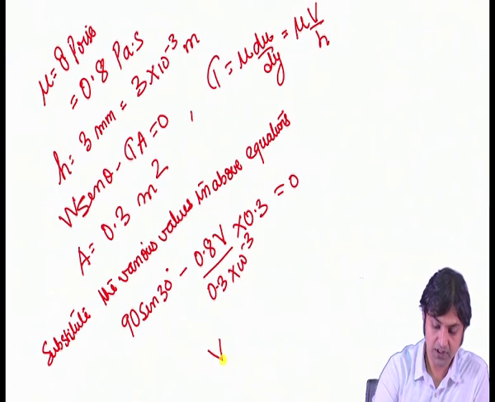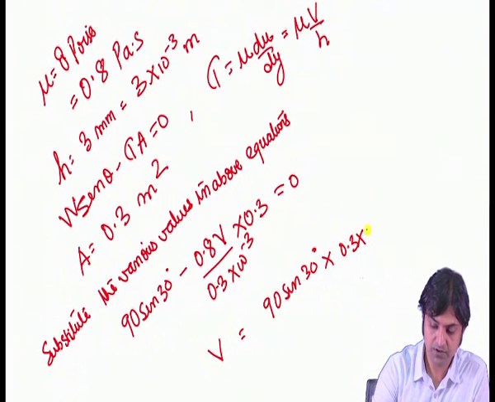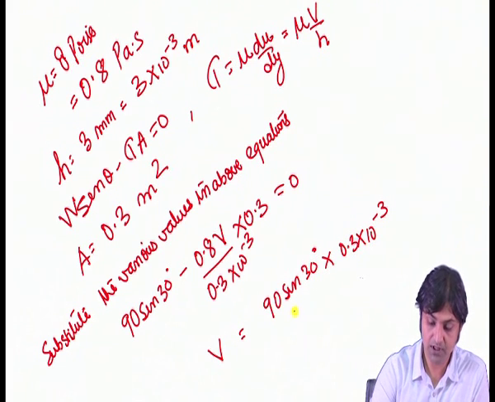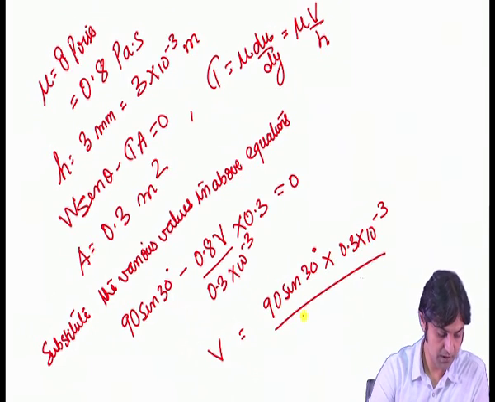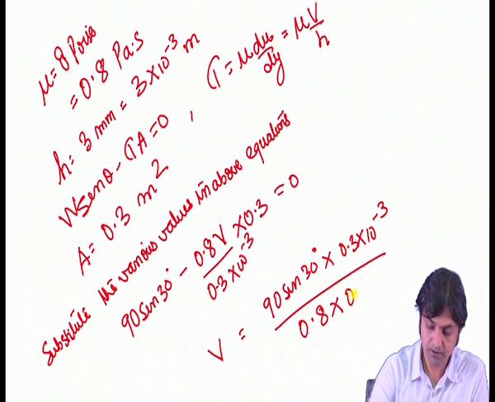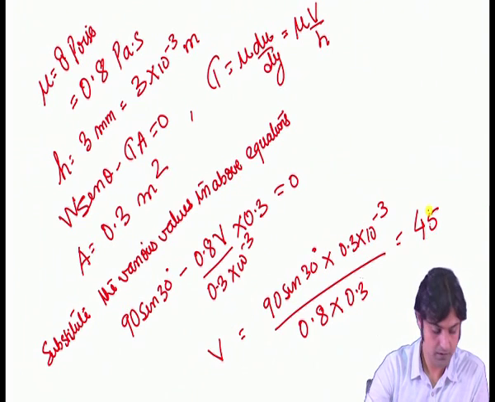So what we get, bring this side, V is 90 multiplied by 0.3 into 10 to the power minus 3 divided by 0.8 multiplied by 0.3, or this becomes 45 by 80.